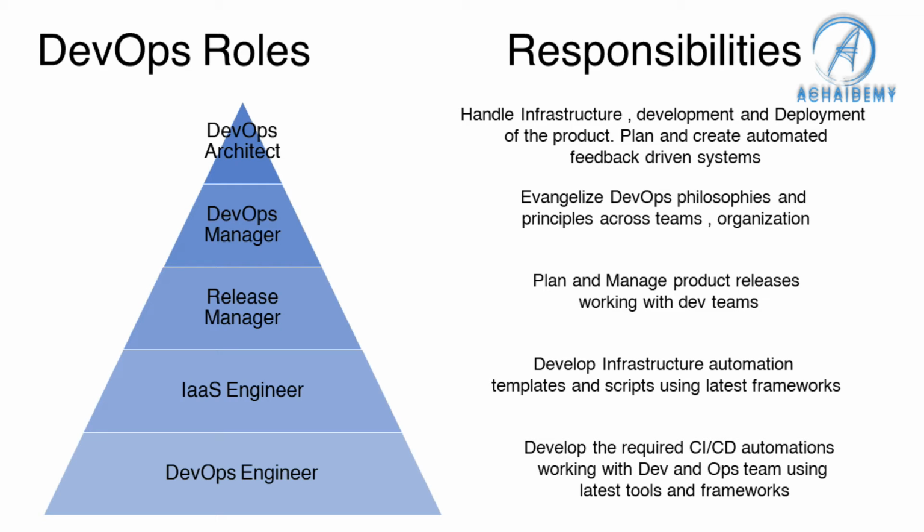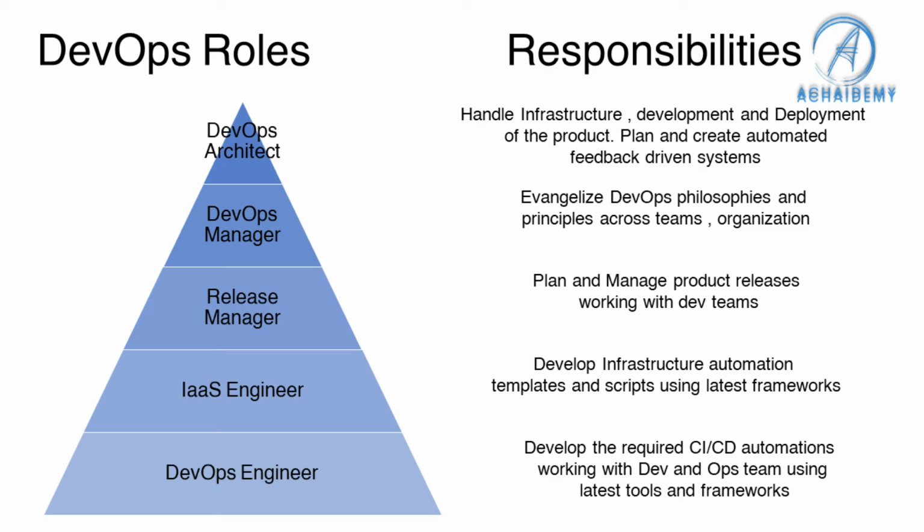For example, the architecture is entirely different for a web application as compared to a desktop application or a mobile application. Each of them have their own processes, their own tools, their own way of integration. So the DevOps architect will ensure to identify the right tools, identify the right way of communication with each of them, and build the processes using the tools, with maximum reusability and minimum issues and errors.